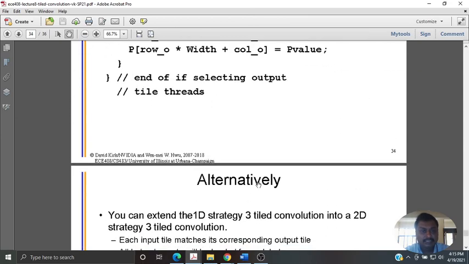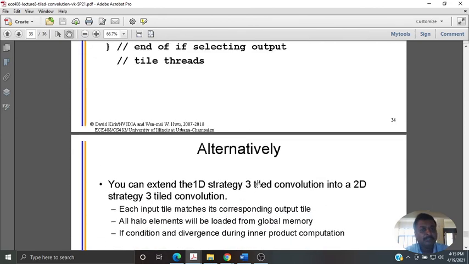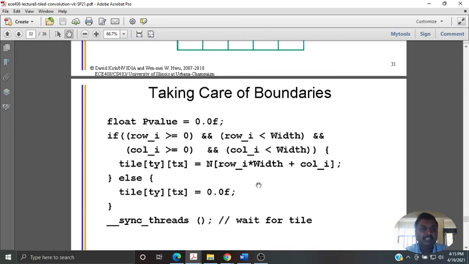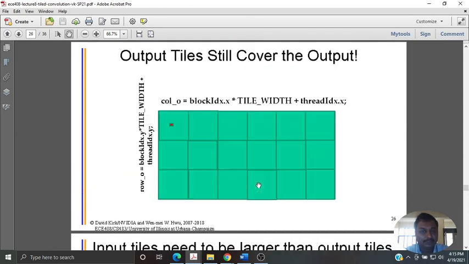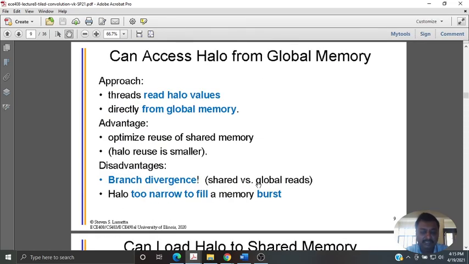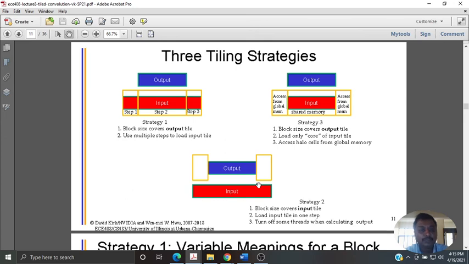Next class again we'll look into the same aspect, and what we have achieved by following these 3 approaches. Basically, my output is smaller, or my input is equal to this, but I am accomplishing the memory reads in 3 steps: left elements once, input elements equal to the output, then right halo or ghost elements.